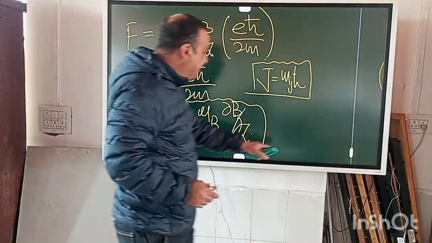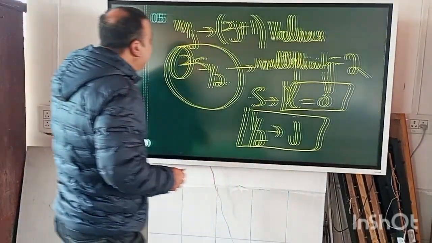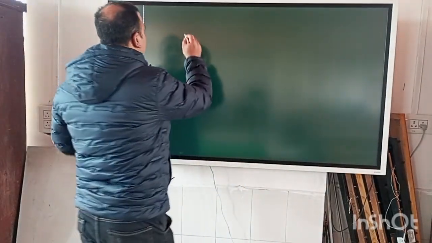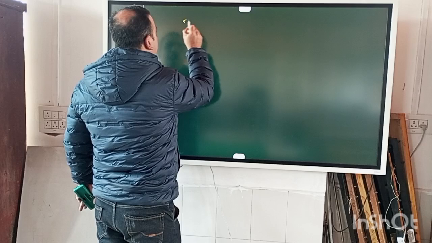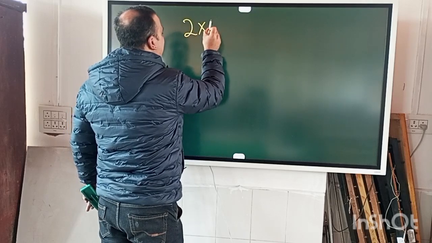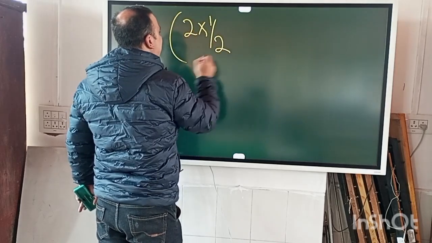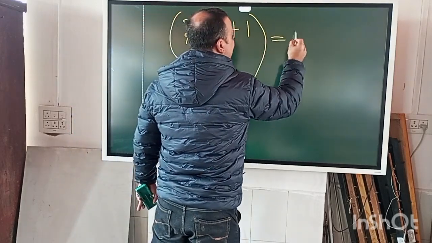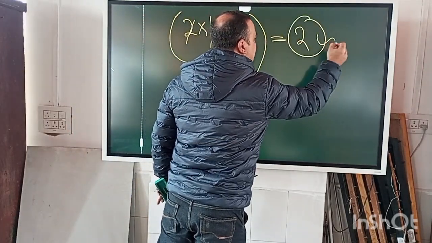What's going to happen here? 2 times J, which is 1/2, plus 1. So 2 and 2 will cancel, and you will have 2.